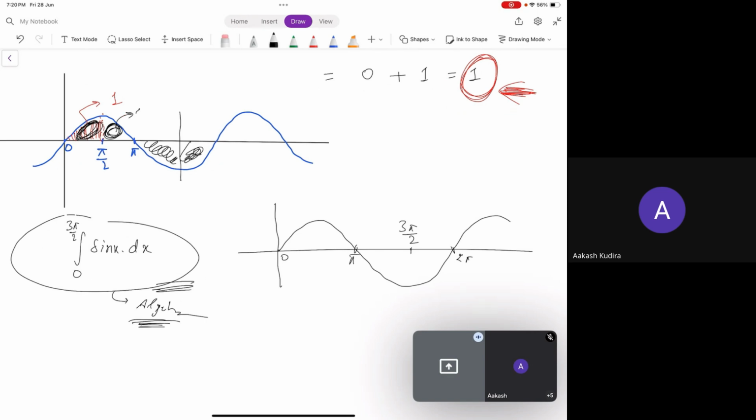So if I ask you the area from 0 to pi, how much? Tell me. Area from 0 to pi. Anybody? Are you sleeping? Okay. So area from 0 to pi will be 1 plus 1, 2.